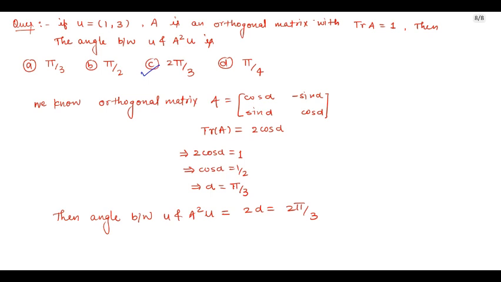Yes, sir. Is this clear? If u is 0, then you get only a point, not any angle. Then how do you define the angle? It is not defined. This question is clear. Yes, sir. Okay, now continue with the class or stop here.